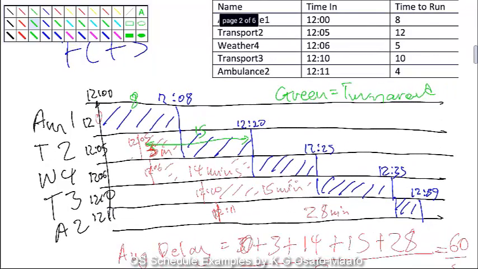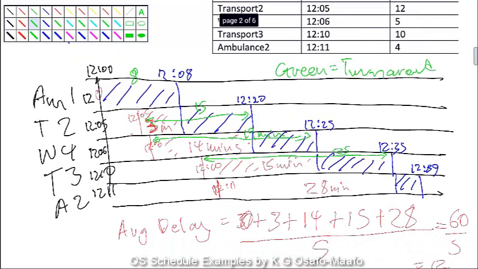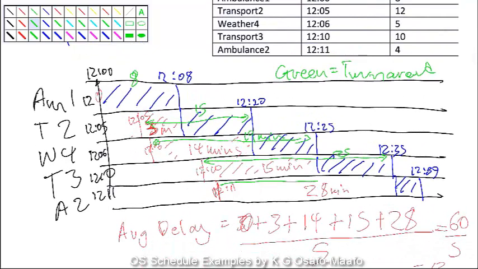This one run a total of 9, well, from the delay till when it finished, 19 minutes. This is 15 plus 10, so total time it's running here, 25 minutes. This guy 28 plus 4, so all of this is 32 minutes. Right.